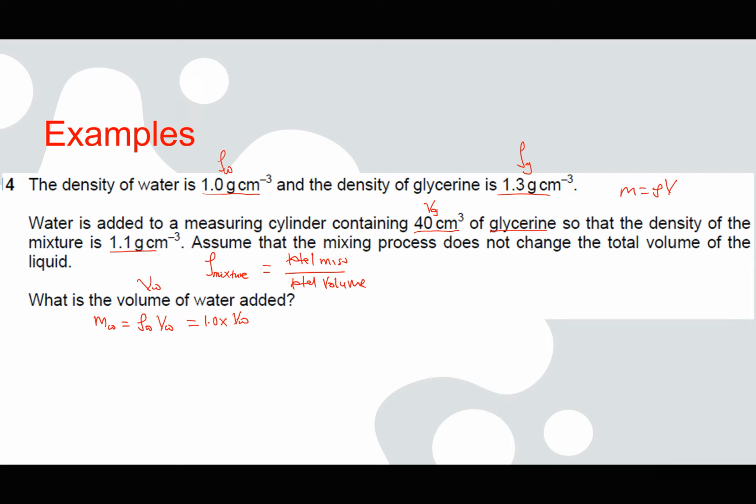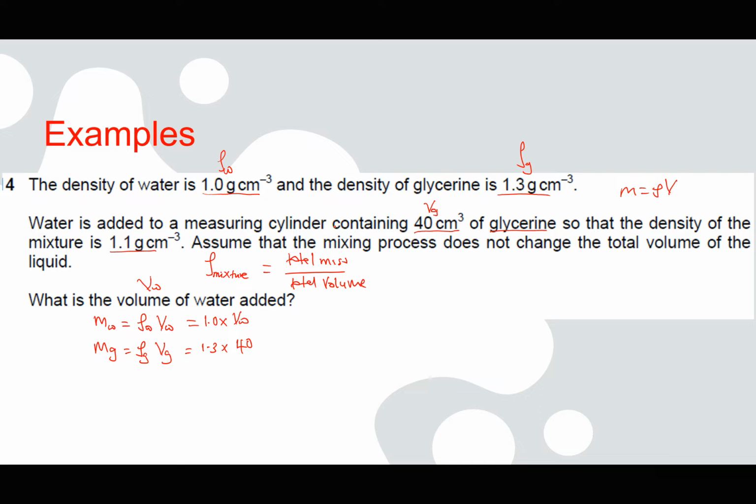I'll call it Vw. Then the mass of glycerin is going to be the density of glycerin times the volume of glycerin. The density of glycerin is 1.3 times the volume of glycerin, which is given as 40. Here I'm not changing the units because I know if I have grams per centimeters cubed and centimeters, I don't need to change the units. I know that everything is in grams in that case.